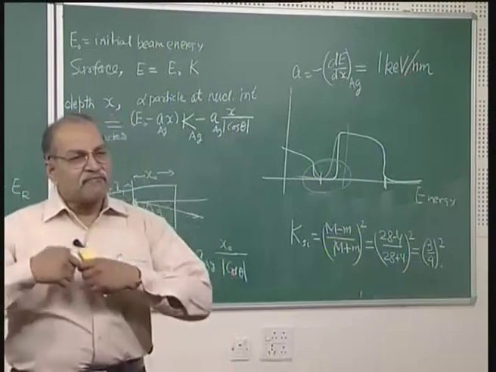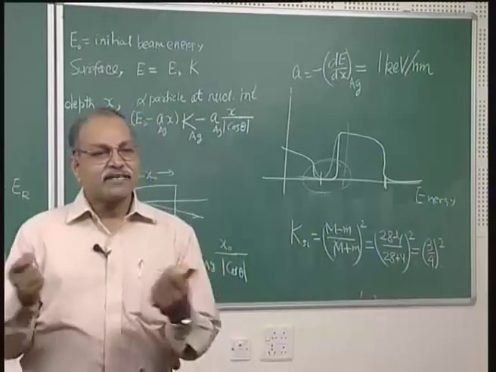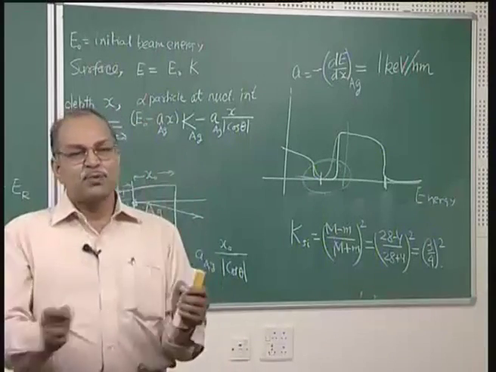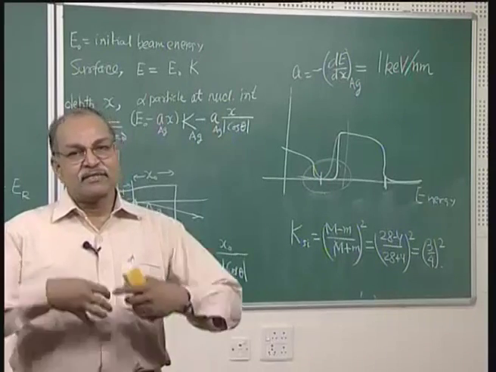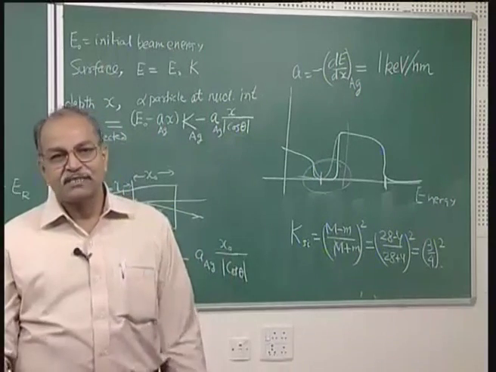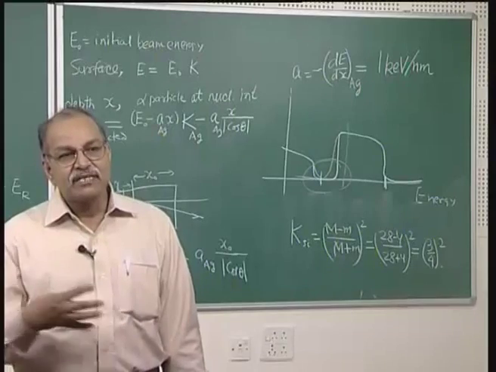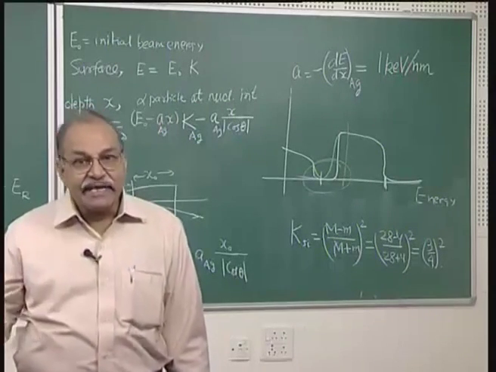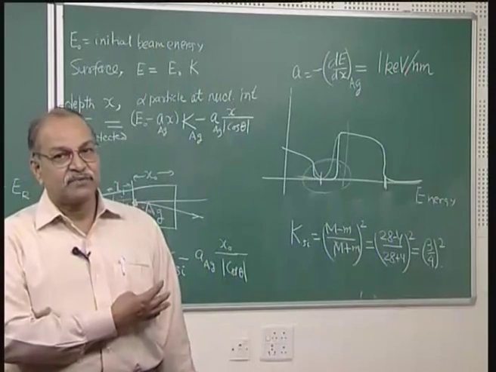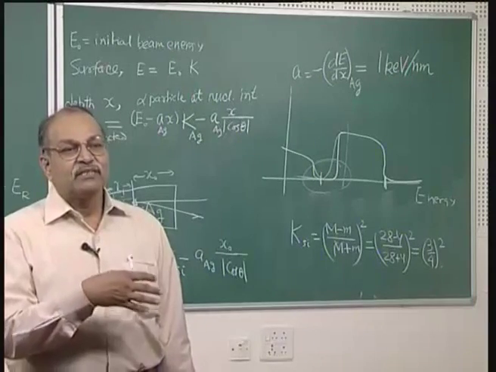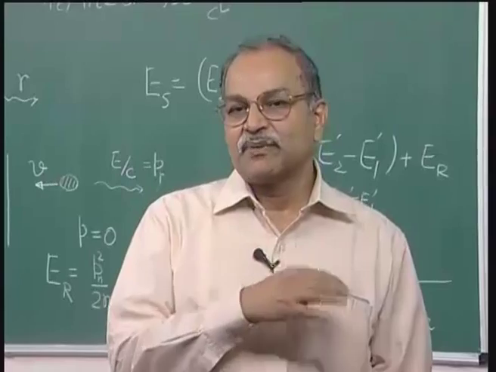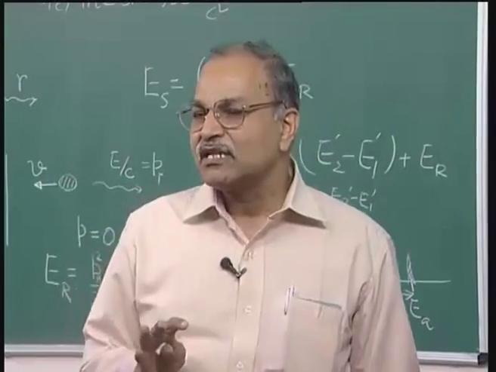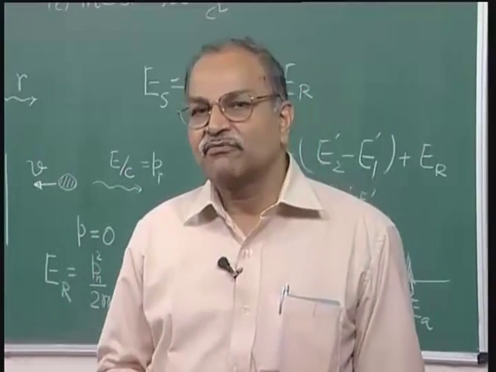I have just taken a very simple case where you have two elements, one say silicon and one silver. But for varieties of samples in which the elements have varying concentration as a function of depth, those things can be quite reliably obtained from this RBS spectrum. It has its own limitations, very light elements it will not work.